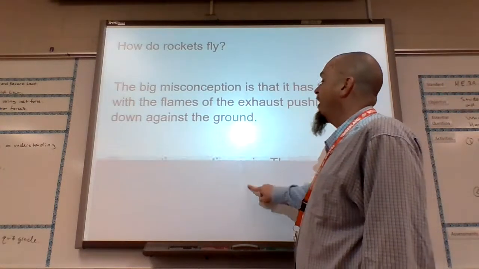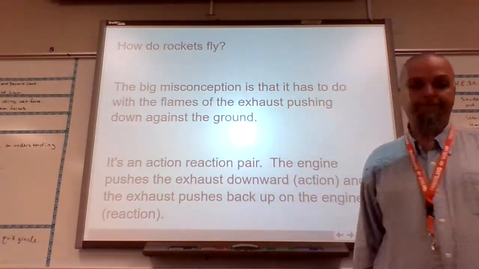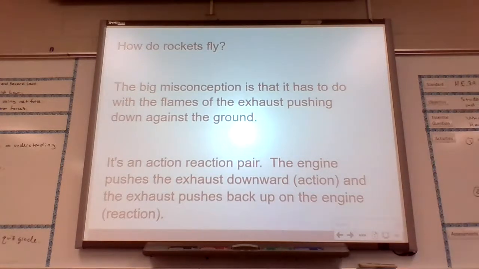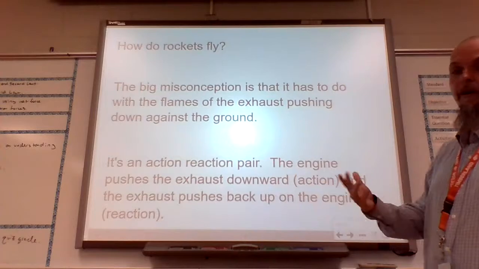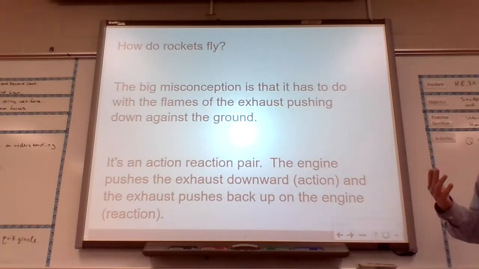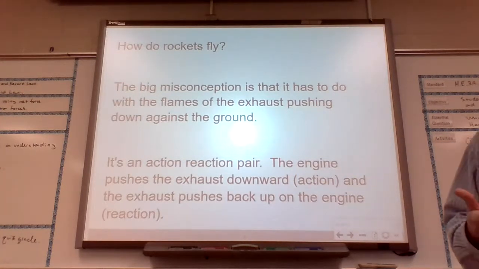What makes a rocket fly is a simple action-reaction pair. The engine is pushing the exhaust, those flames, downward. That's the action force. That's what starts it. And then that exhaust, those flames, will push back up on the rocket. And it's that upward push from that exhaust that makes the rocket fly.